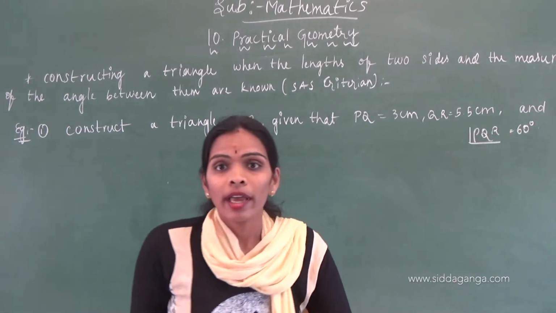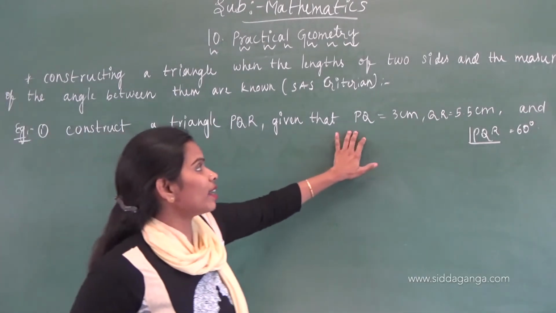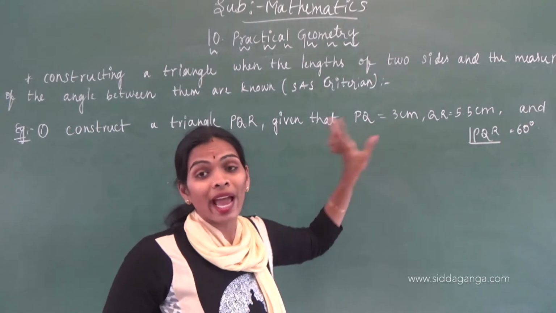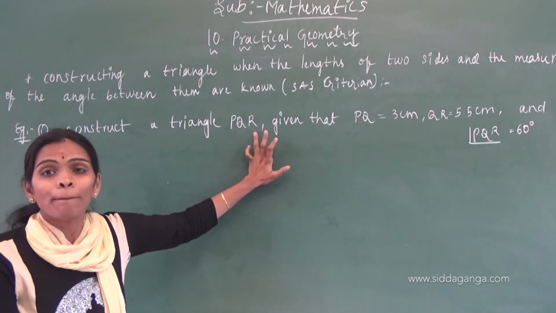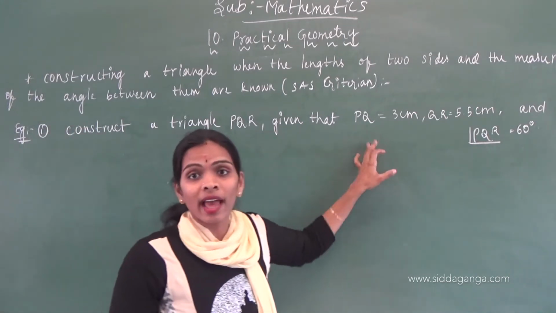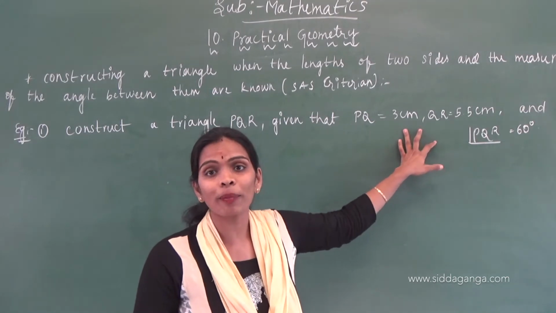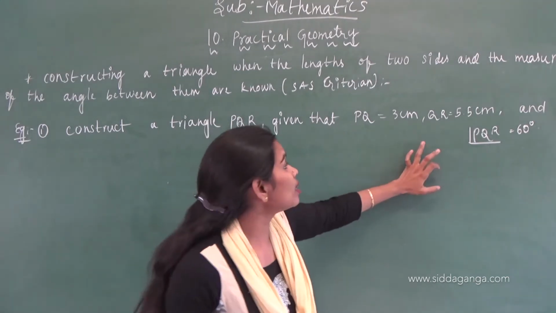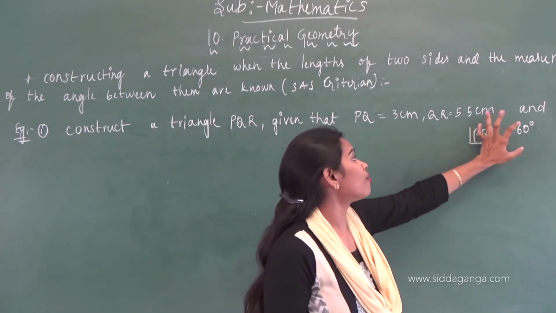Here, in the question itself, they are giving one side, PQ. We have to construct triangle PQR, and in that they are giving the PQ side. What is the measurement of the PQ side? 3 centimeters. And QR they are also giving, that is 5.5 centimeters.